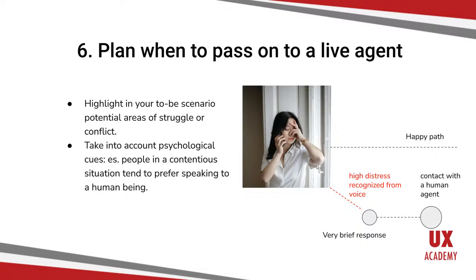And it's really important to think about that, because you can plan for the system to detect a situation of conflict by analyzing words, speech, intonation, and so on, and to design another path, which is not the happy path, where you deflect that person to an agent all of a sudden.